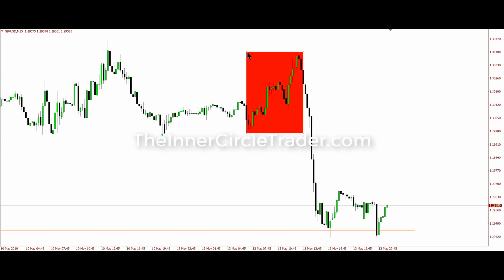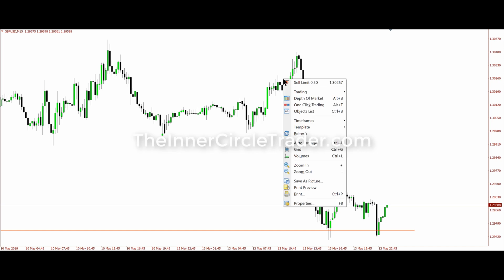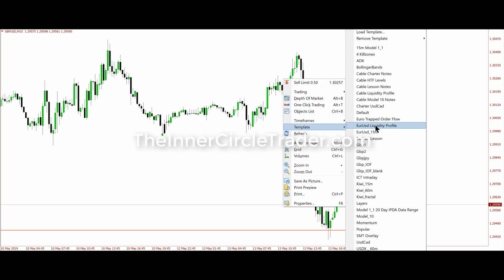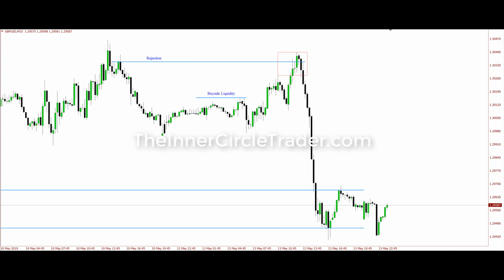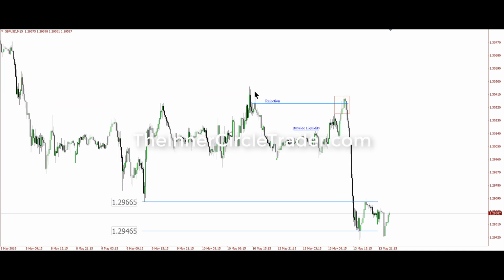So while we understand the market is overbought and we're also inside of an area that creates a high probability scenario, if we go into our chart here, it's a 15-minute time frame.